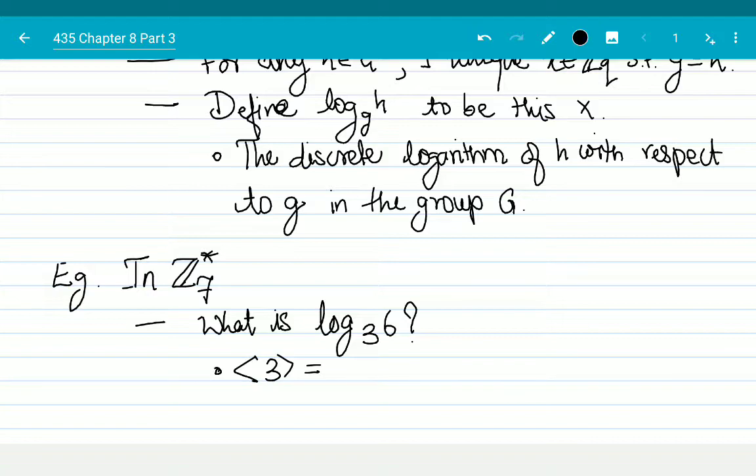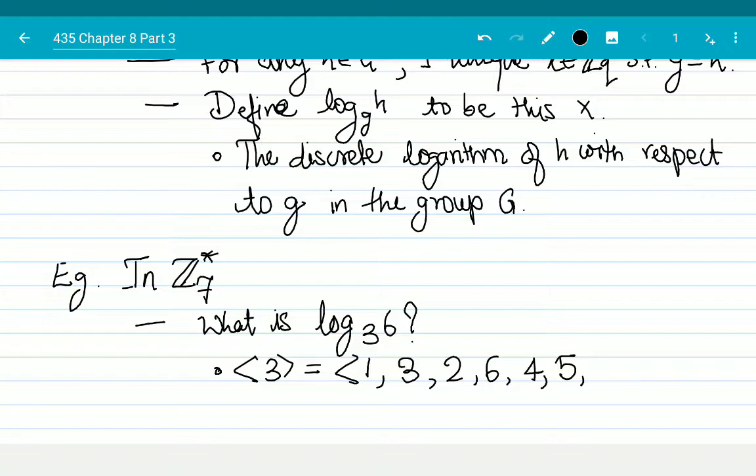So, 1, 3. 3 squared is 9, which mod 7 is 2. Two threes are 6. Six threes are 18, which is 4. Four threes are 12, which is 5.